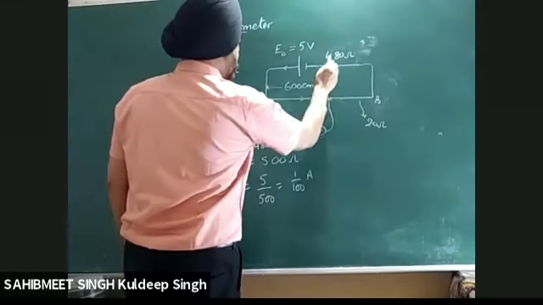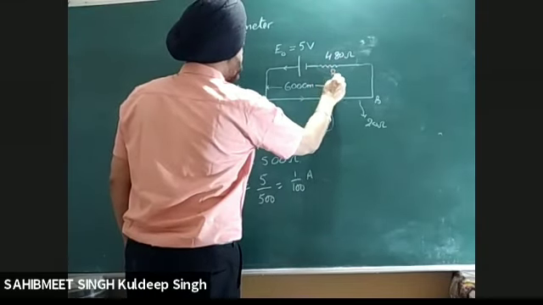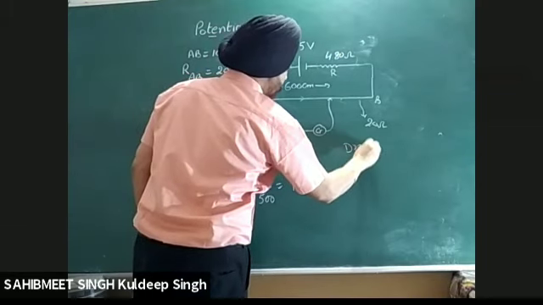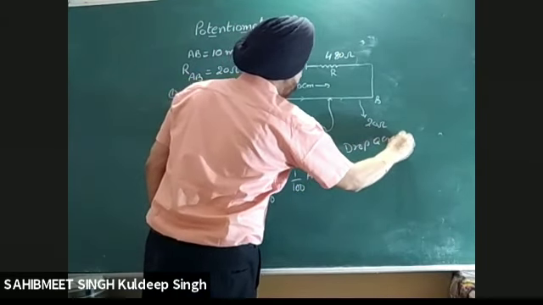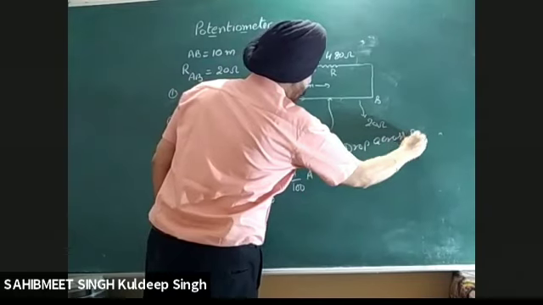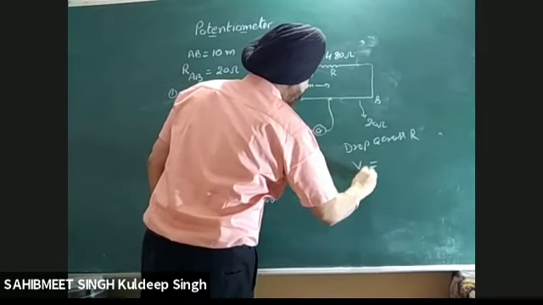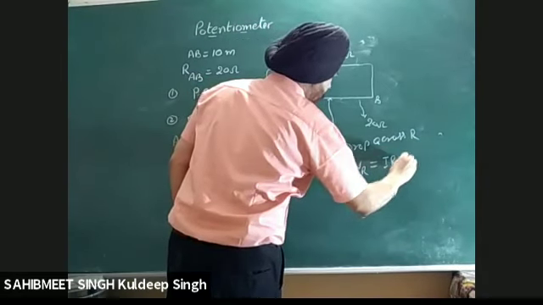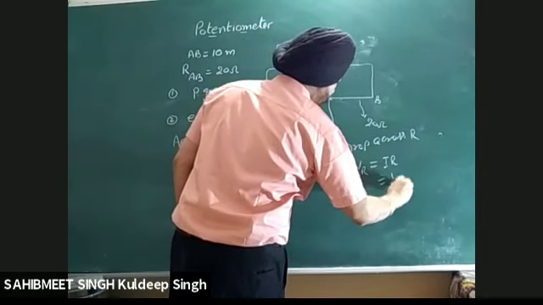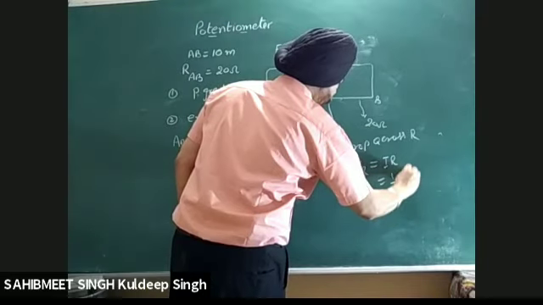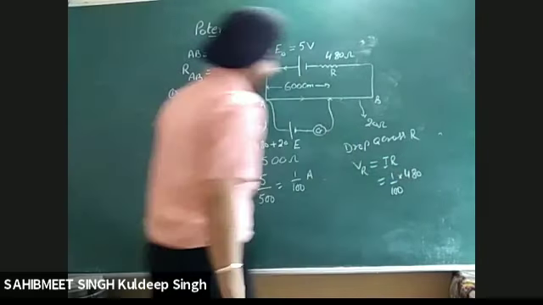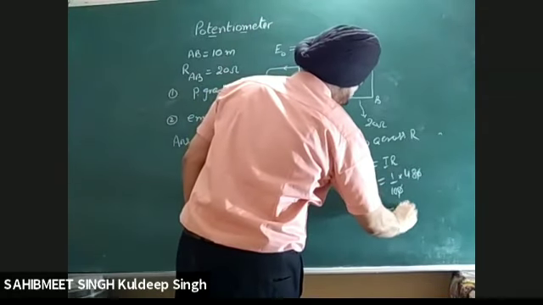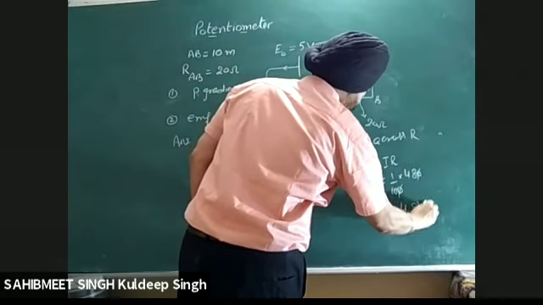What is the drop across this resistance? Drop across R, V_R equal to I into R. So this is 1 by 100 multiplied by 480. So this is equal to 4.8 volt.